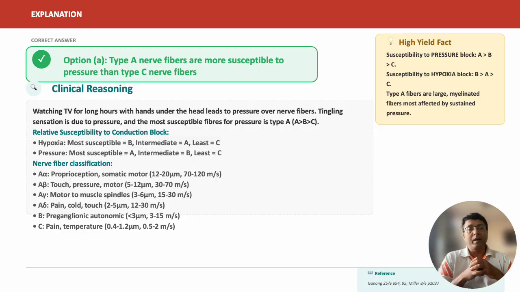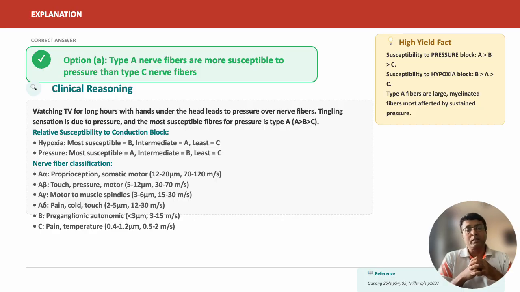A alpha has the largest diameter with the highest conduction velocity, and A alpha carries proprioception and somatic motor sensation. Whereas the C fibers have the lowest diameter and the lowest conduction velocity.